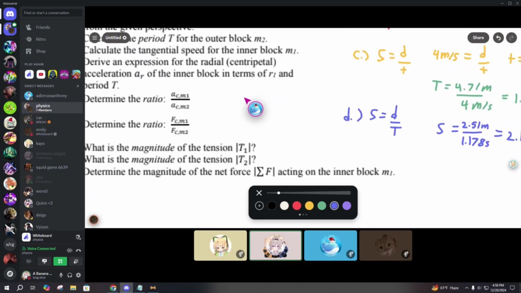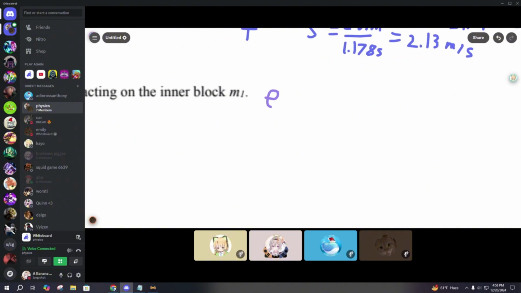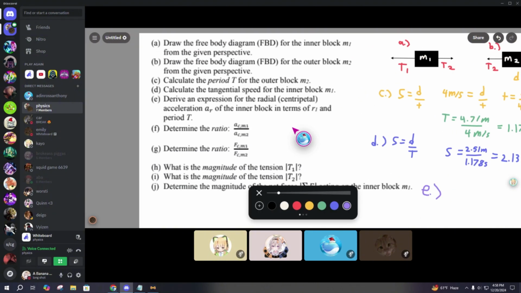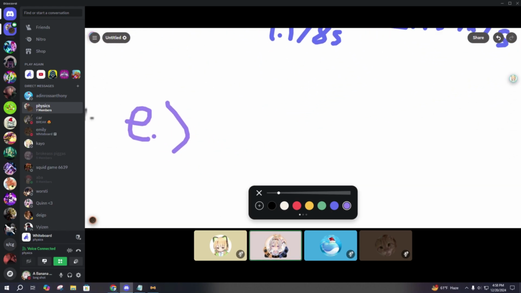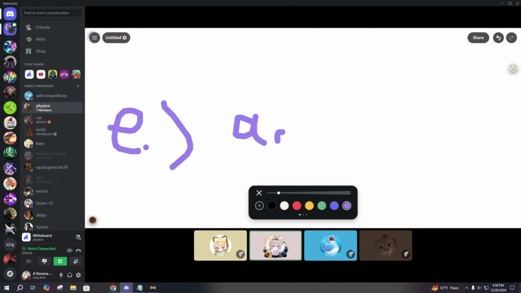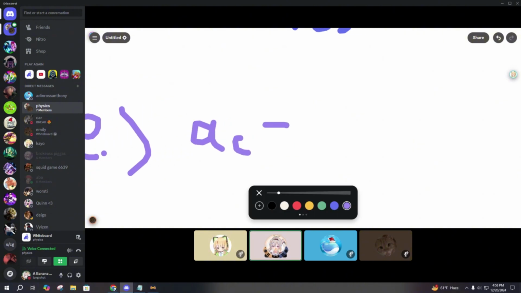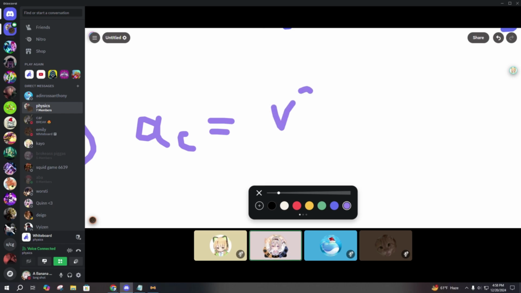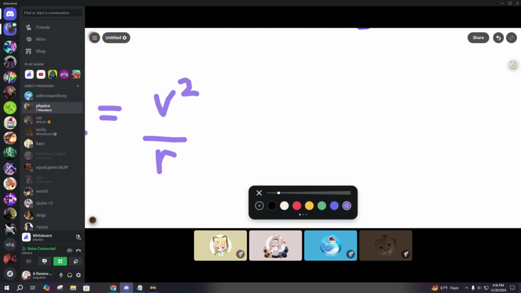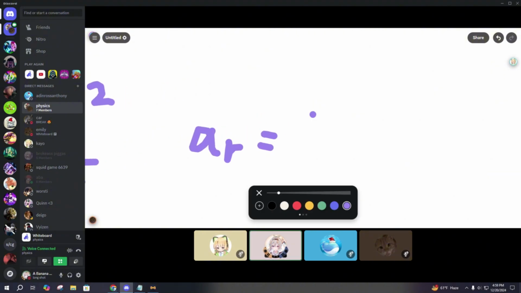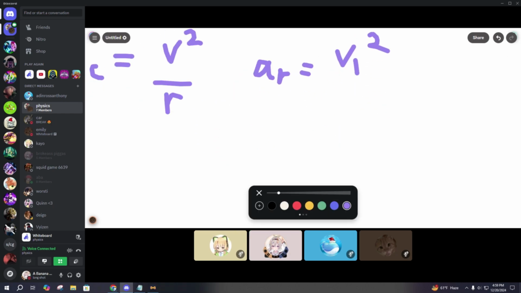Now, derive an expression. So I want to derive an expression for the centripetal acceleration of the inner block in terms of R1 and period T, right? Well, the general formula for centripetal acceleration is equal to v squared over r, right? And I know that the radial acceleration with respect to the inner block M1 is going to be v1 squared over r1.